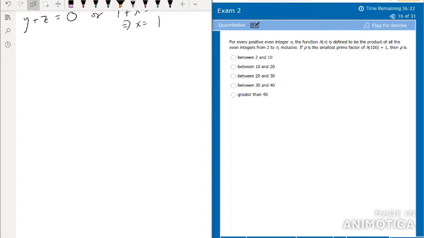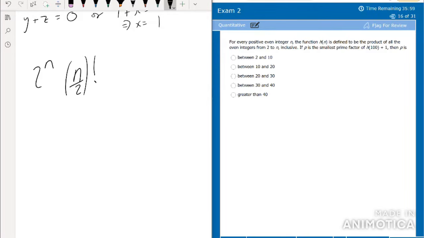Okay, for every positive even integer n, it's defined to be the product of all the even integers of 2 to n inclusive. So it's sort of like a factorial. So in fact, it is a factorial effectively because we've got 2 times 4. So we've got 2 to the n over 2, n over 2 factorial. That's actually what hn is.